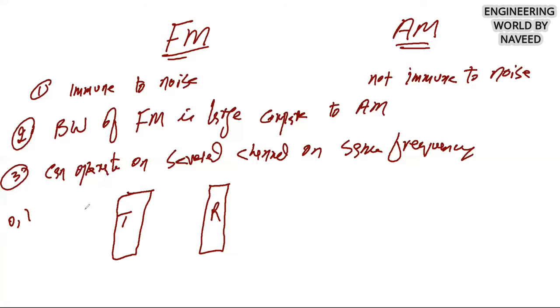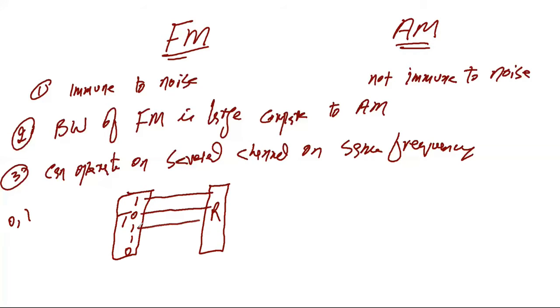So let's say I want to transmit this data: 10110. If you use FM, you will have several channels. Several channels means this is the first channel, second channel, third channel, fourth channel, and fifth channel. These bits will flow toward the receiver in parallel.